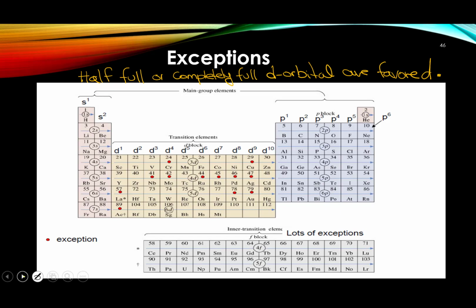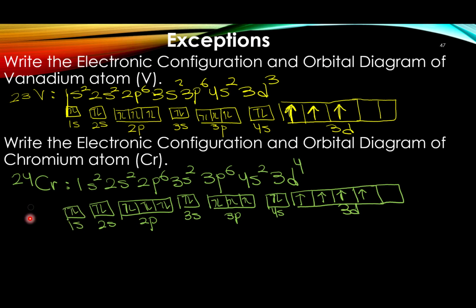Then if I go back to here, you could make that 3d orbital to be half full by moving one of the electrons from 4s to 3d. Then what happens is that 4s is at a lower energy level than 3d. What happens is that it rises, and these two will have the same energy level, and one of the electrons from 4s goes to 3d.